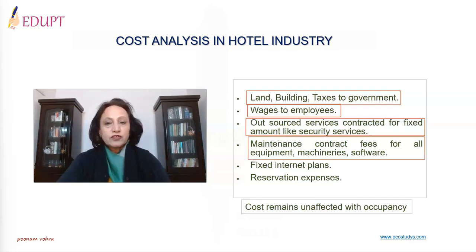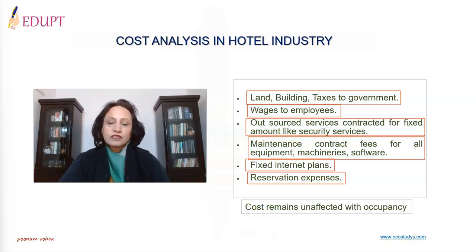Then maintenance contract may be given in order to maintain various equipment, machineries, building, and so on. There may be fixed internet plans on which cost is incurred. Obviously, one needs to include reservation expenses.